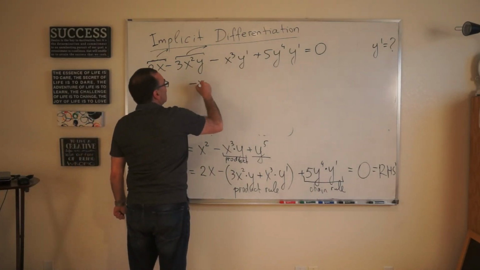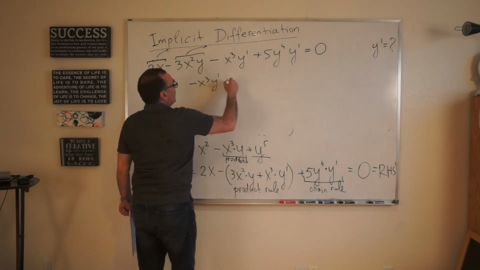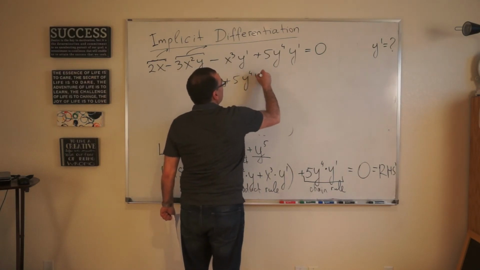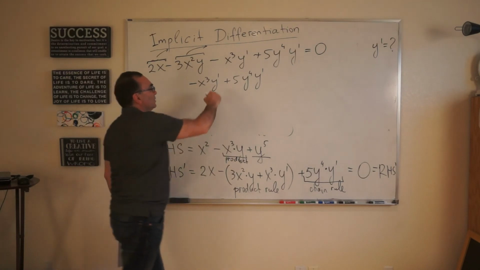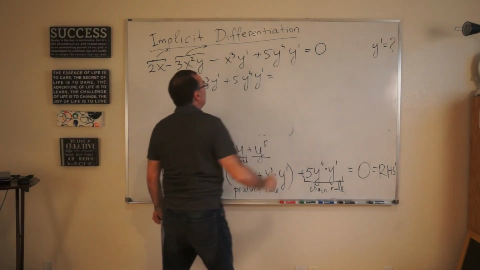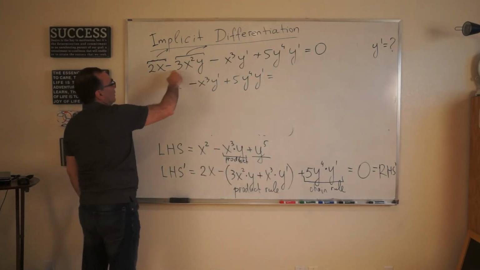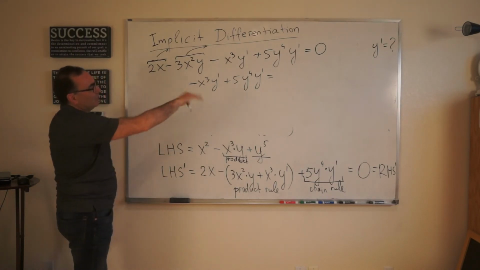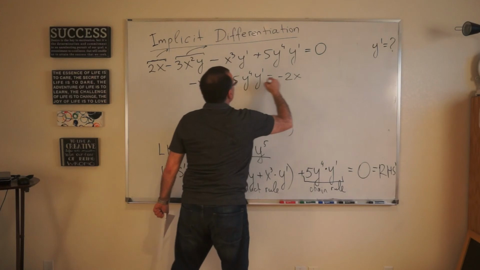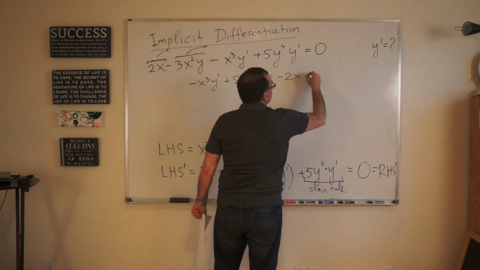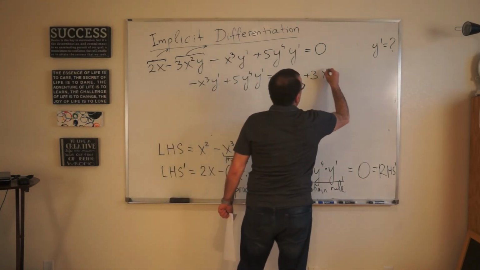So here's what it becomes. It becomes minus x cubed y prime plus 5y to the fourth y prime. There are no more terms with y prime, so we keep these two terms on the left hand side of the equation. The other two terms that have no y prime in them, we put on the right hand side, and this one becomes negative 2x. This one was negative, so it becomes positive 3x squared y.